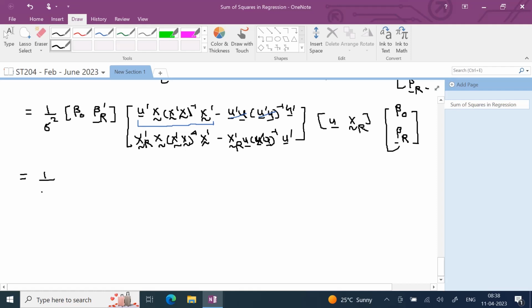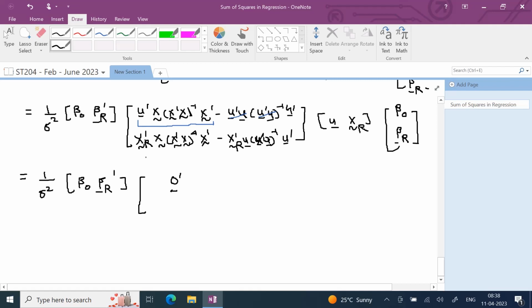So I have 1 upon sigma square, beta naught, and then beta r prime, and this entry becomes 0. Of course, it is a vector of appropriate order, the same as the order of U prime. So it is like 0 prime if I consider 0 as a column vector.